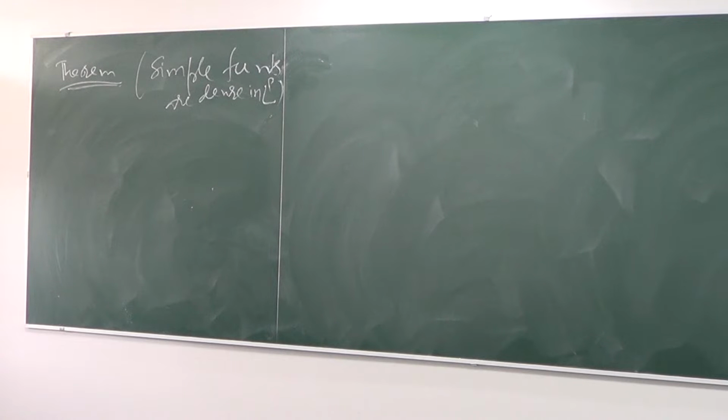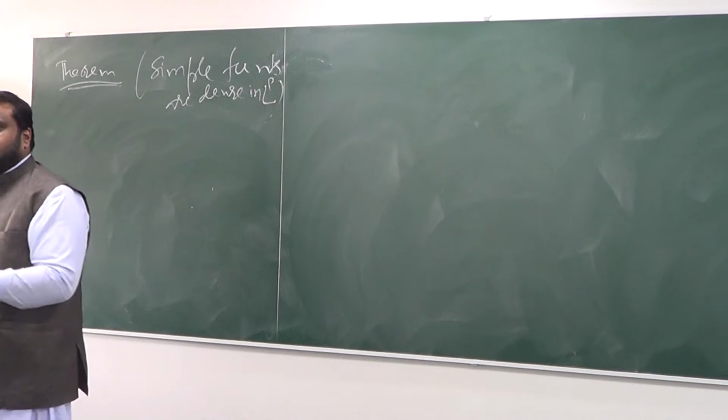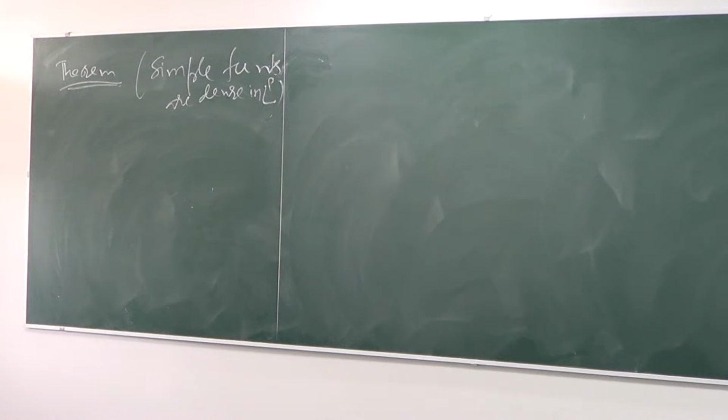Now, what would be the consequence of this result? This result says that if you have an integrable function that is in LP spaces, you can always approximate it by a sequence of simple functions in the LP sense. This gives you advantage in any calculation.